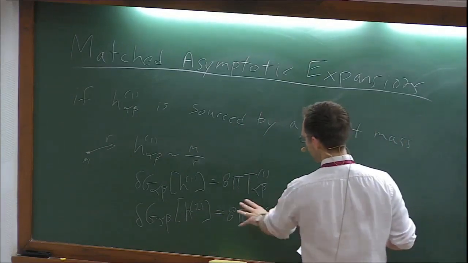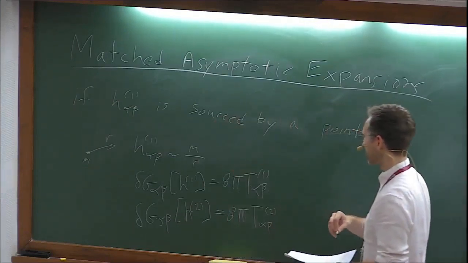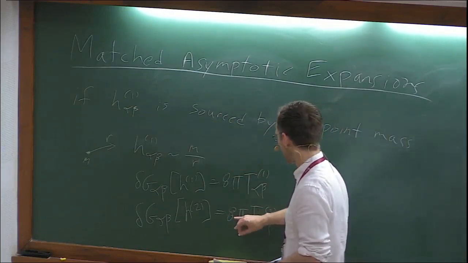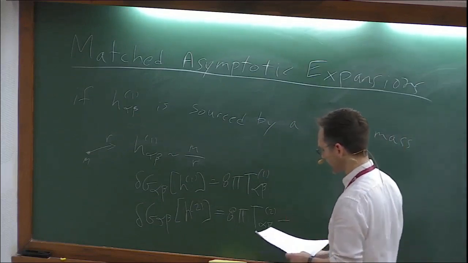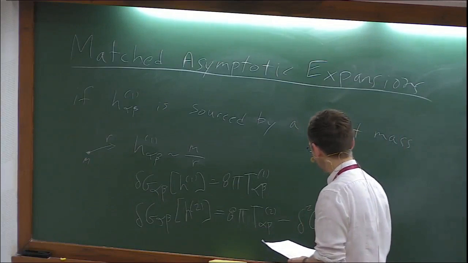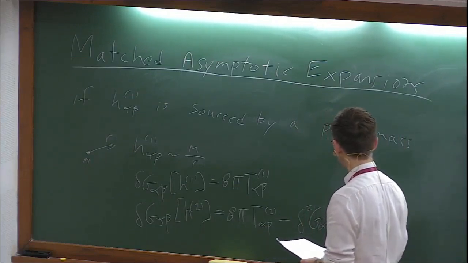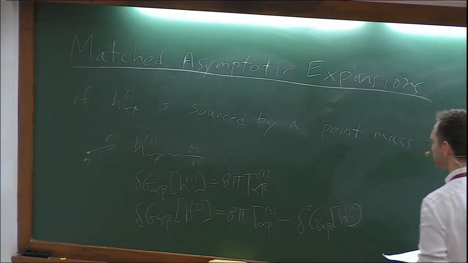Okay, so one thing is it's not clear what this correction to the stress energy tensor should be, but let's just ignore this entirely for a second. Now let's look at the second term that appears in the source, which is the second order Einstein tensor constructed from H1, so constructed from quadratic terms in H1.